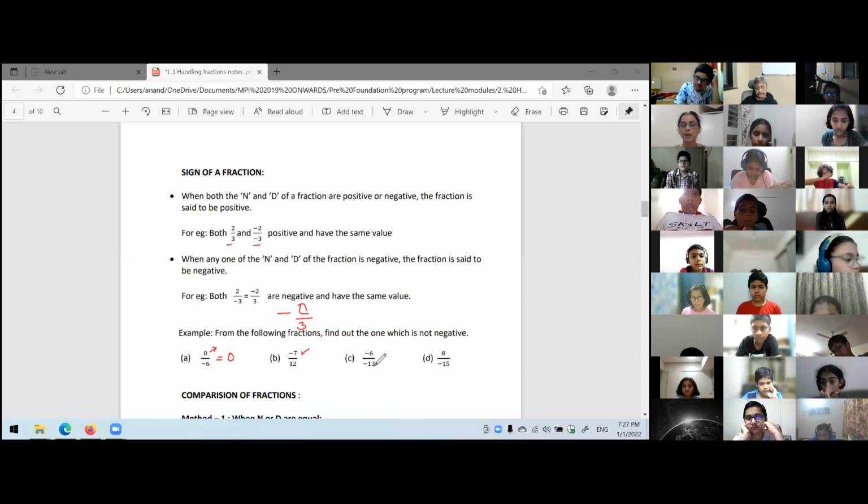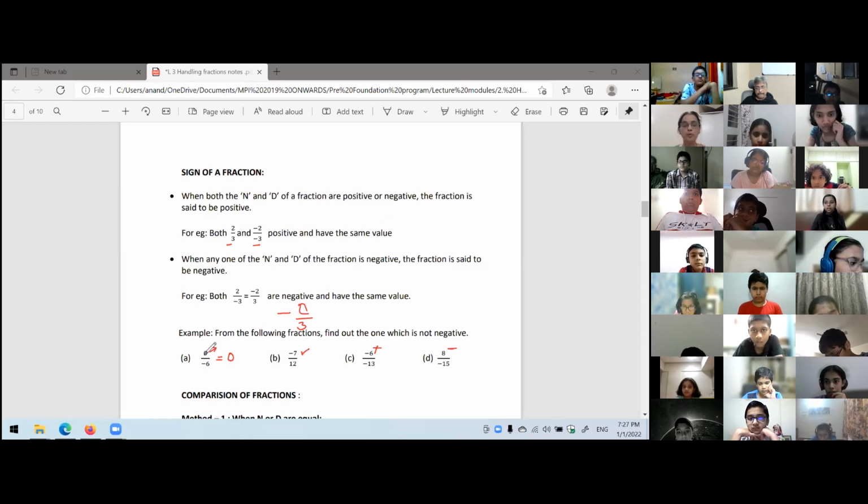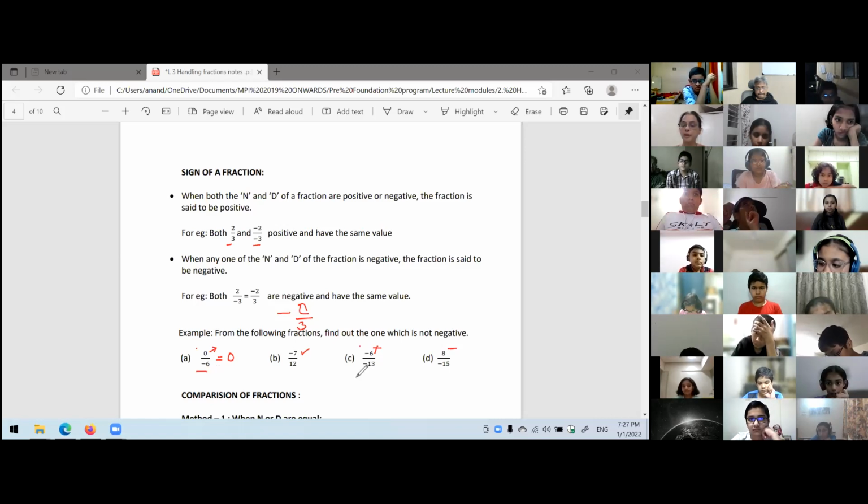What about this? Both are negative. So this is a positive fraction. And what about this? 8 upon minus 15. So this is negative. So out of these 4, which is not negative? Both A and C are not negative. But A is 0, A is neither positive nor negative, and C is positive.